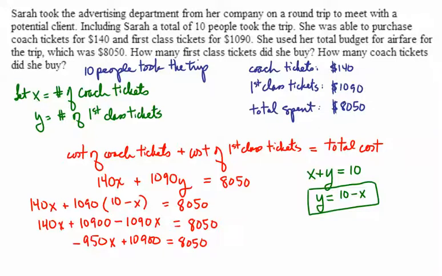And so my new equation is negative 950x plus 10,900 equals 8,050. At this point, I'm going to subtract 10,900 from both sides.